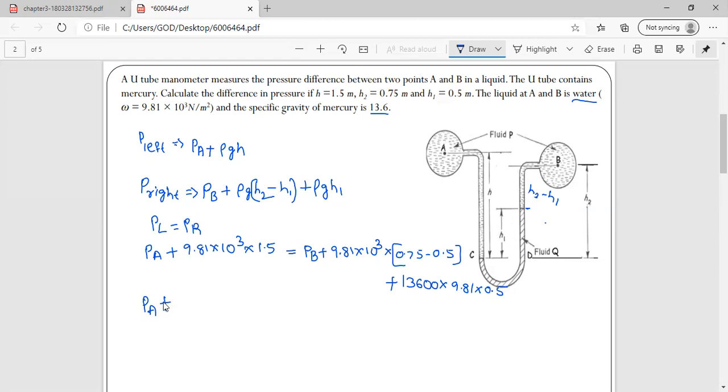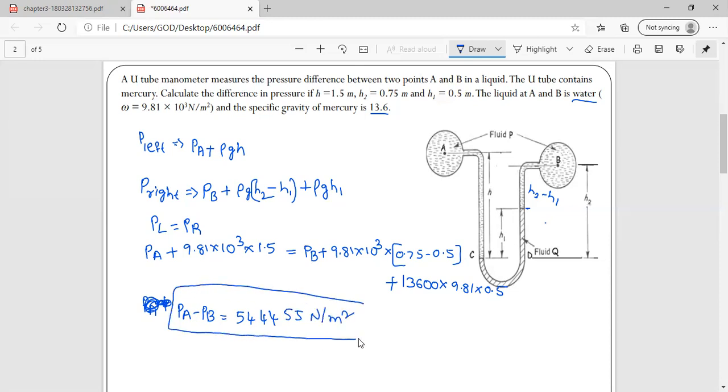Sending PB to this side and the remaining terms to the other side, PA minus PB comes out to be 54455 Newton per meter square. Now with this we will move on to the next question, one more question on the U-tube manometer.